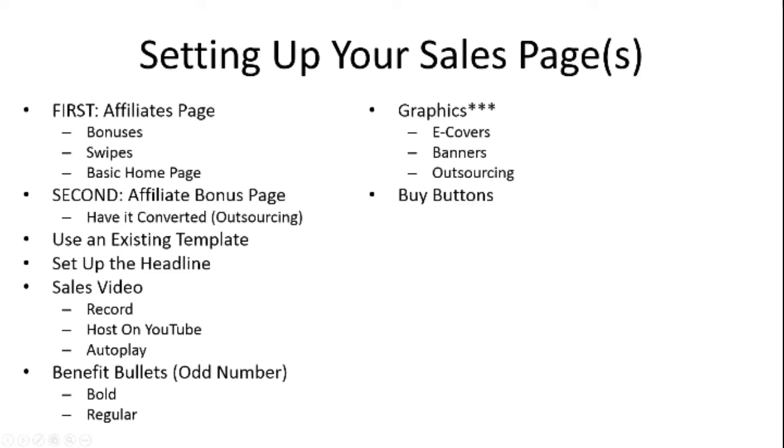You're not going to have people coming to the buttons and saying, oh, I don't know about this. They all know JVZoo, they all know Warrior Plus, they all know Zaxa. So you don't have to try to hide the buy buttons from your customers and from the traffic that your affiliates are sending.